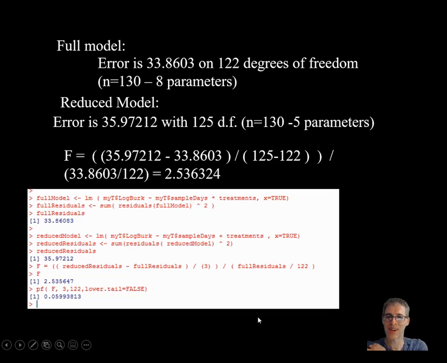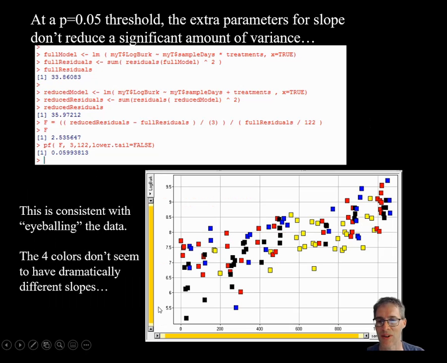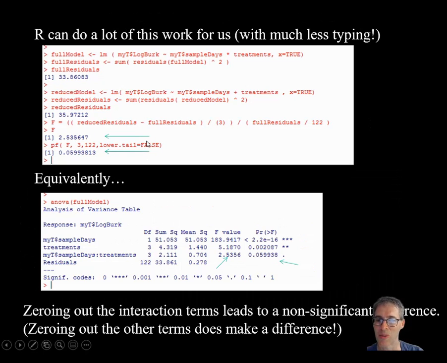So I crank through here and I just plug this into my usual formula, remembering that the formula is the ratio of the difference between the models divided by their difference in degrees of freedom, divided by the full model's error divided by its degrees of freedom. So I just crank all of these numbers into R, and I get a p-value of 0.059.